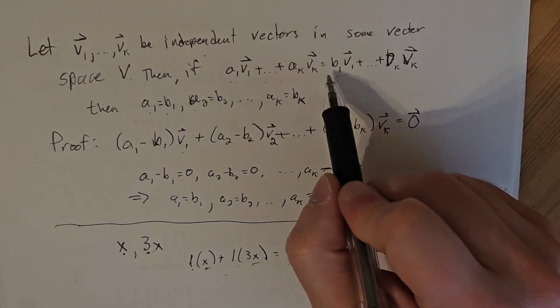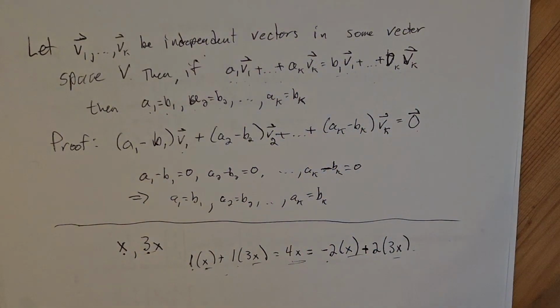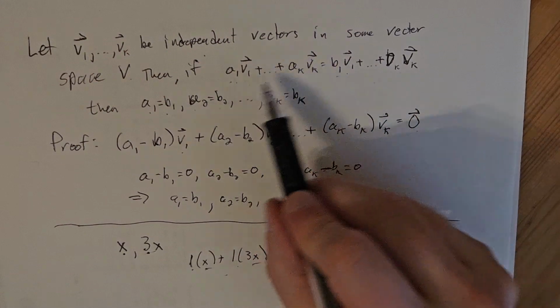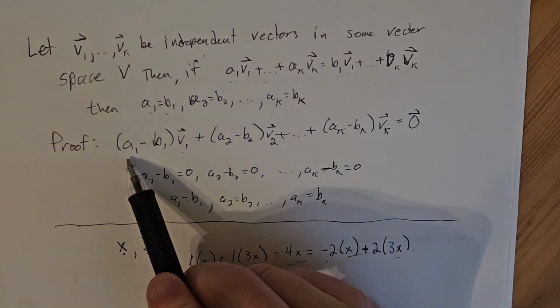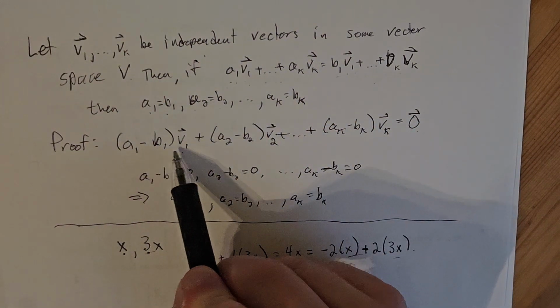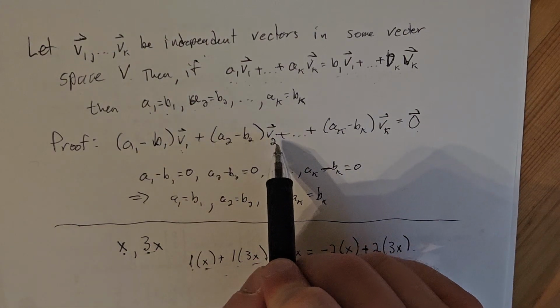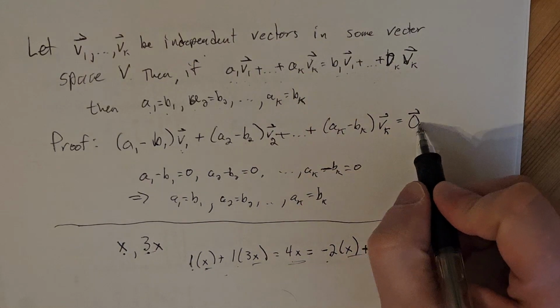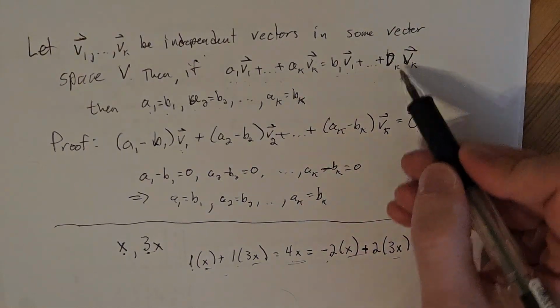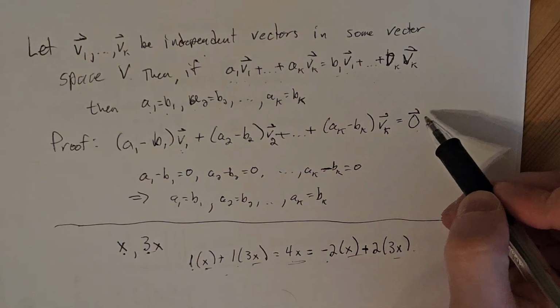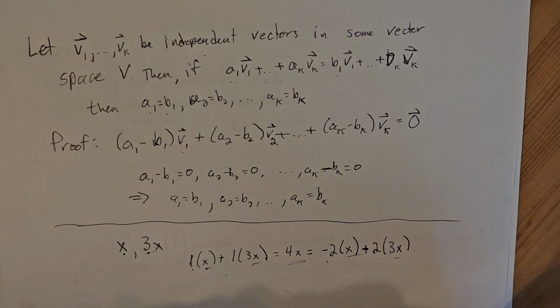And that additive inverse should just be the negative of each of those coefficients. And then if we combine the v1s, all of that becomes a1 minus b1 times v1 plus a2 minus b2 times v2, and so on, is all equal to the zero vector, right? Because we added the additive inverse, so the right side should just become the zero vector there.